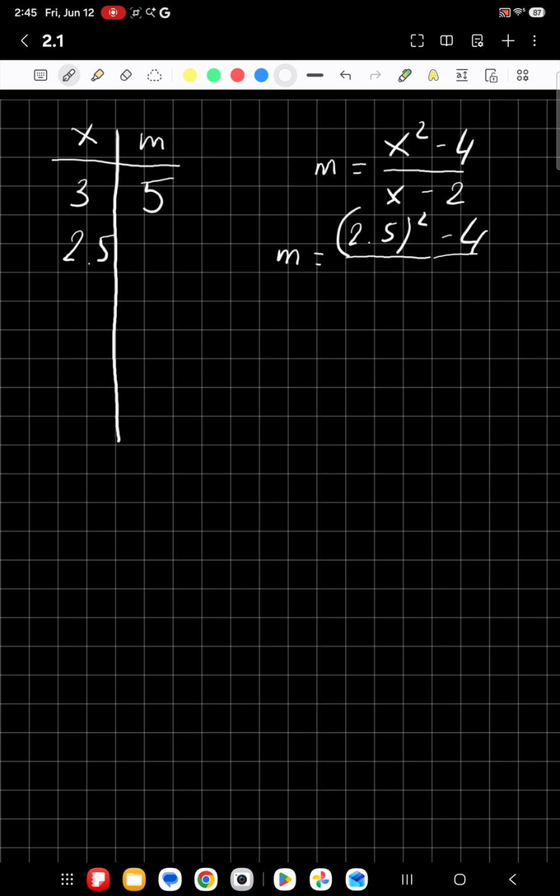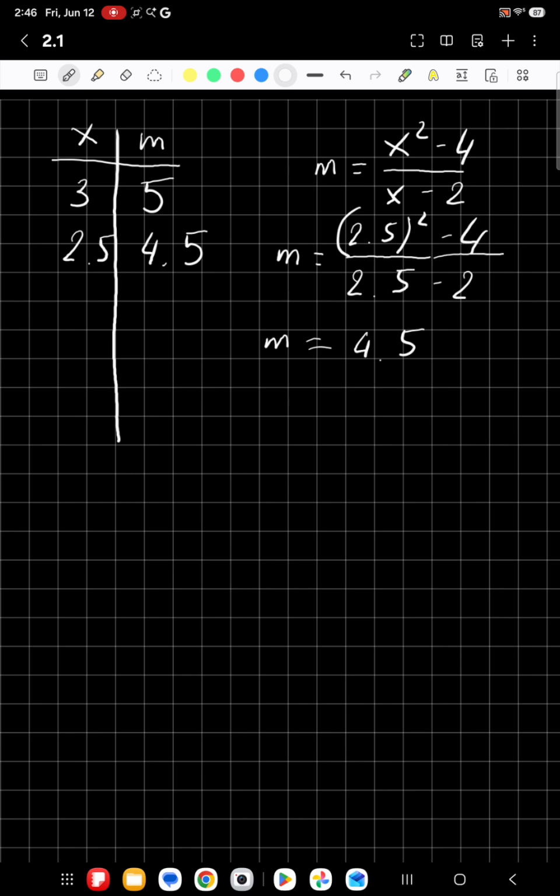We calculate it, and we get 4.5. So that's the next slope of that secant line between those two points on the curve. The slope is 4.5.